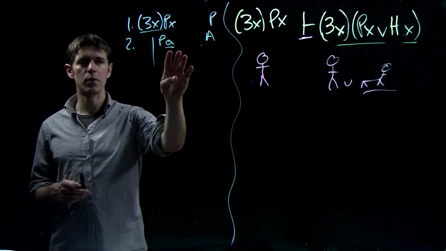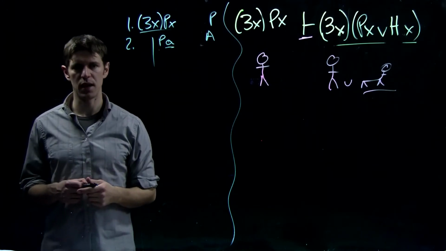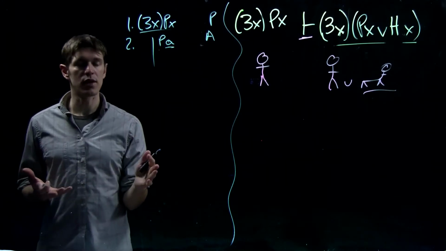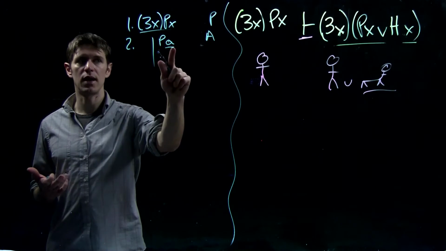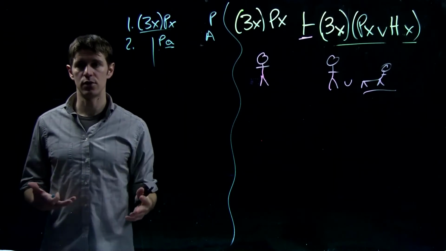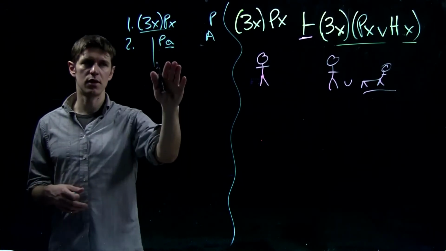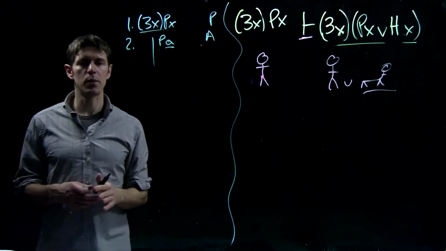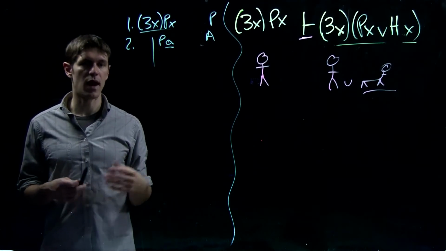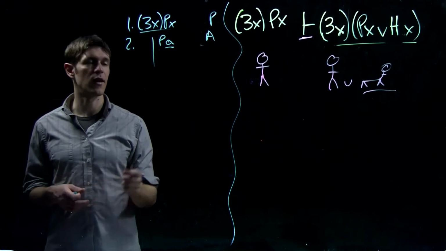We're just assuming temporarily that this name is picking out the same object that ExPx is. There's an important thing to note though, that when we pick a name here, the name has to be completely foreign to the proof itself. So if you had Pb or Pc in the proof already, you'd want to make sure you pick a different name, not b if b is already found, or not c if c is already found.